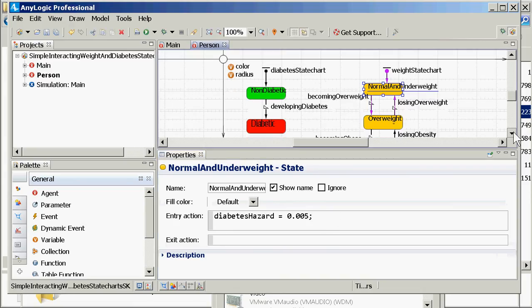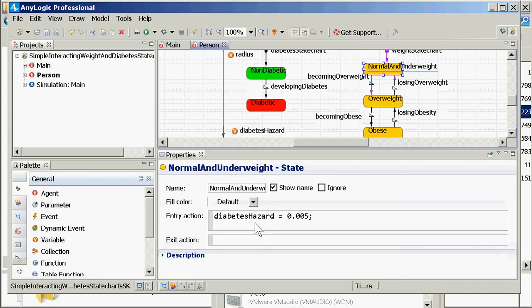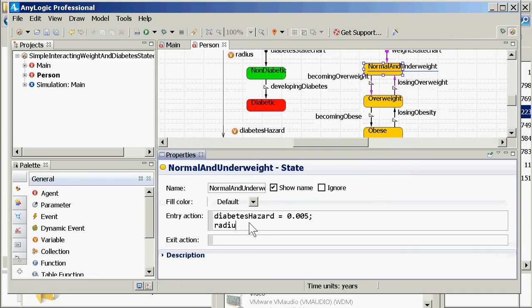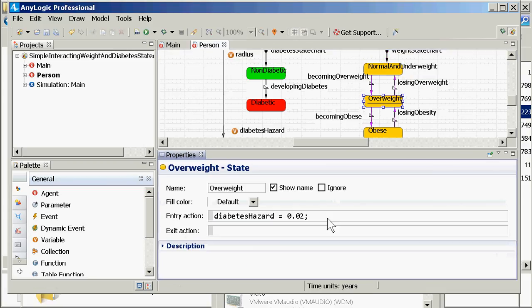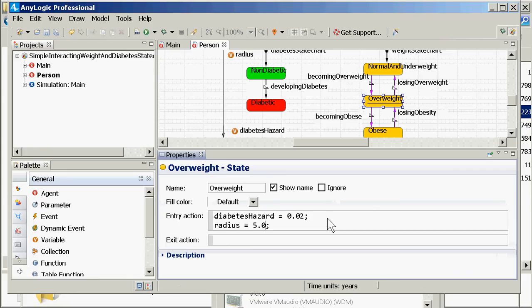So let's suppose in the normal and underweight, we'll set the radius to be equal to, say, 5.0, something like that, 5 units. And then here we'll set the radius to be 10.